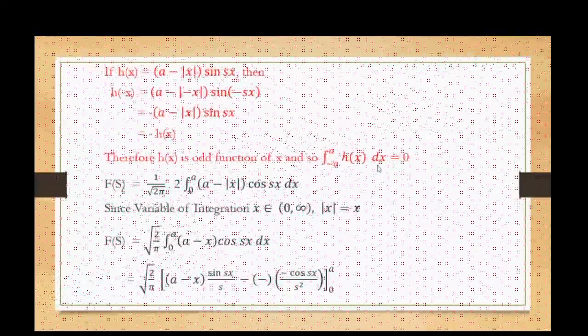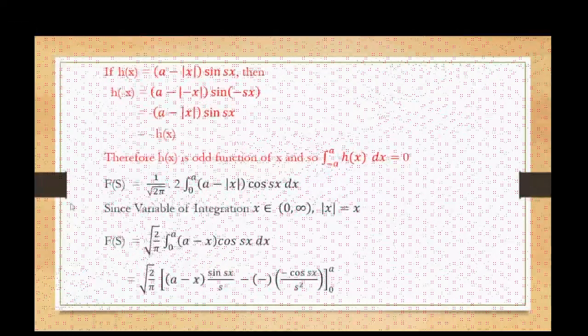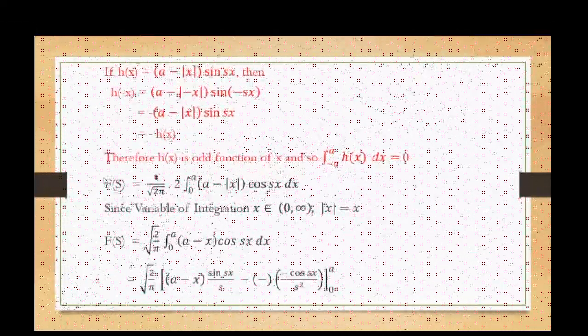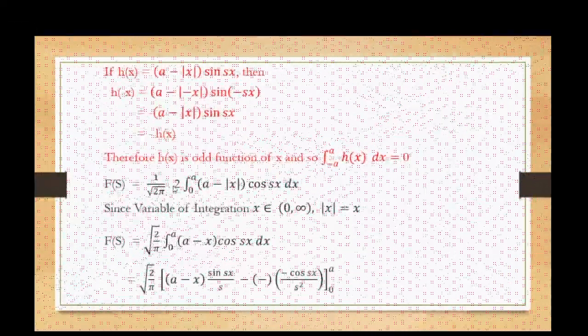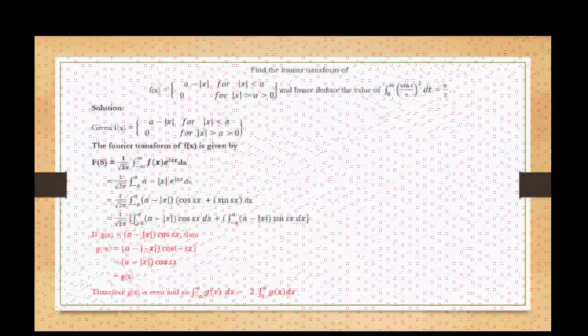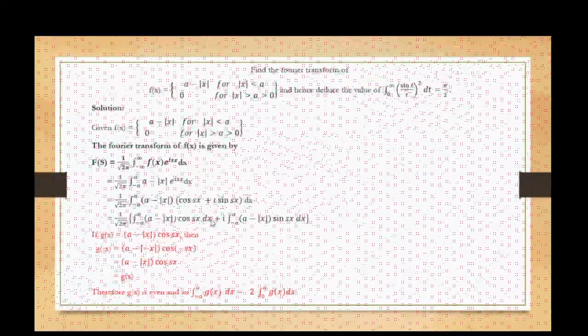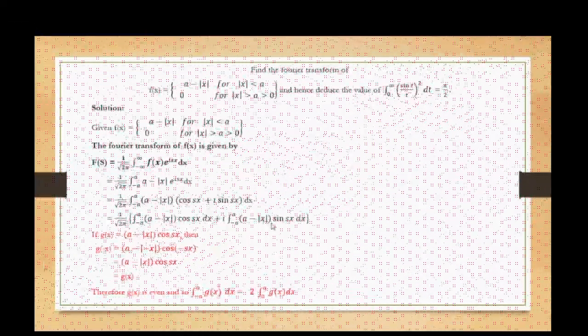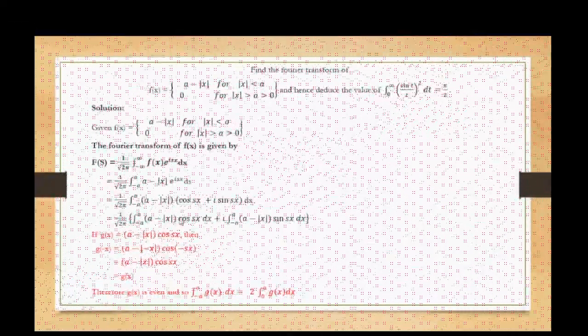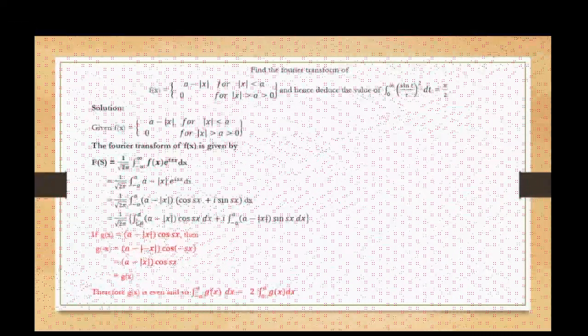Okay, so your Fourier transform f of s is equal to 1 by root 2 pi into this first integral, and the second function is an odd function and it will be 0. Your first function is an even function, so minus a to a can be replaced by 2 times the integral from 0 to a.